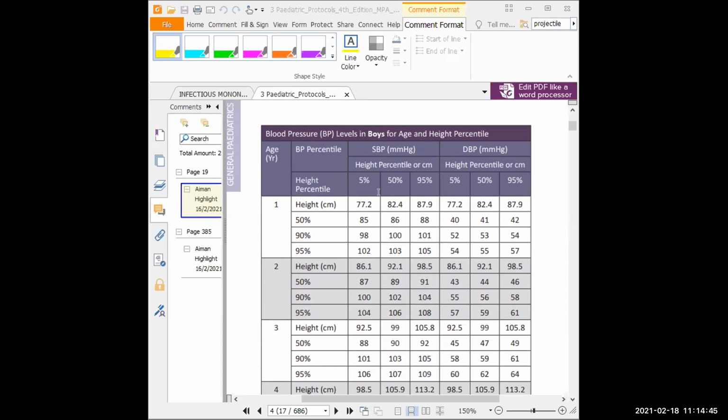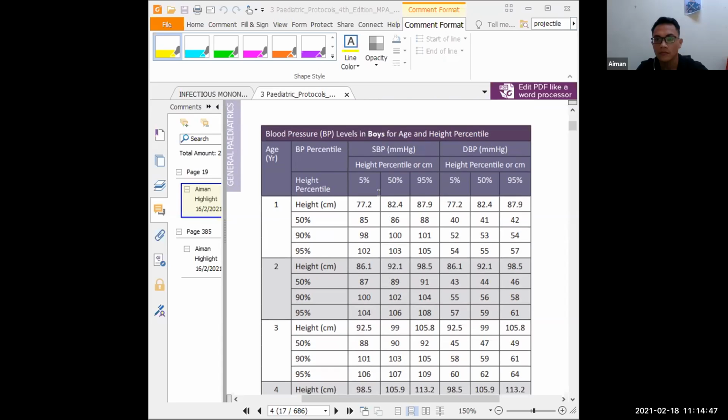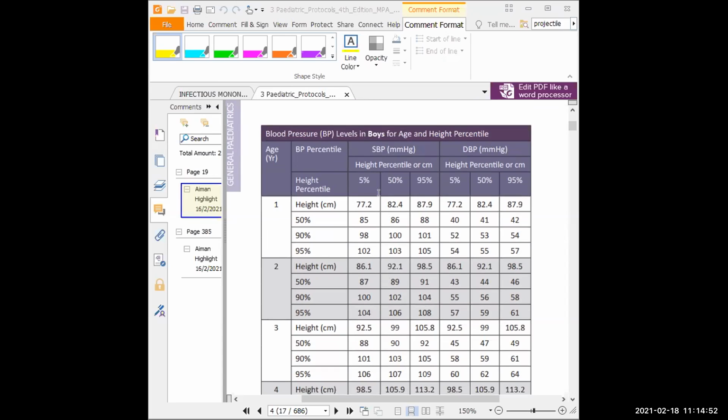We put here the most common: if in your practice you have two standard deviations below, I mean less than the 10th, it is considered hypotension. If it is more than the 90th, which is the 95th and the 98th centile, it is considered hypertension. That's why you must document one centile figure and this important table.